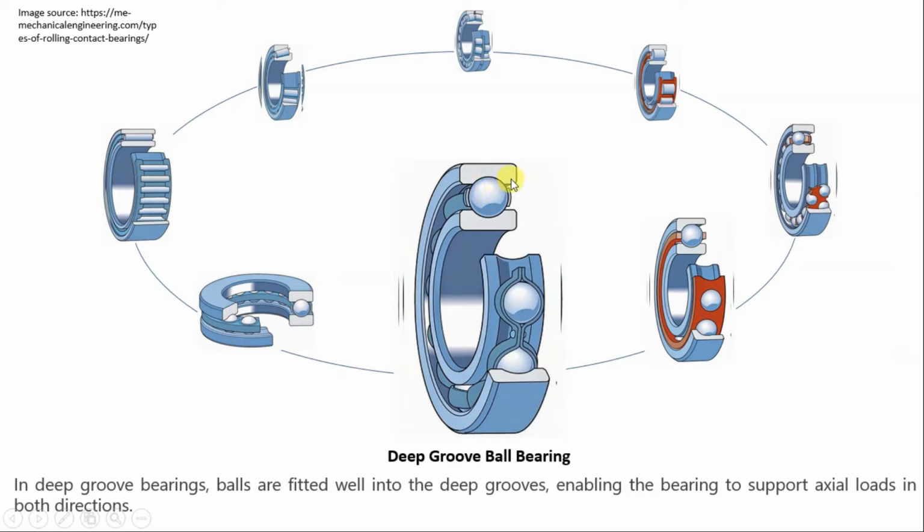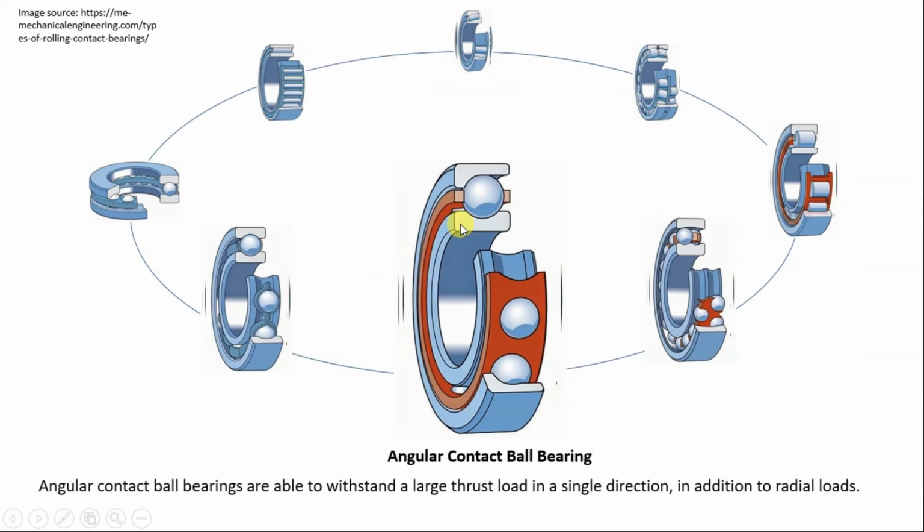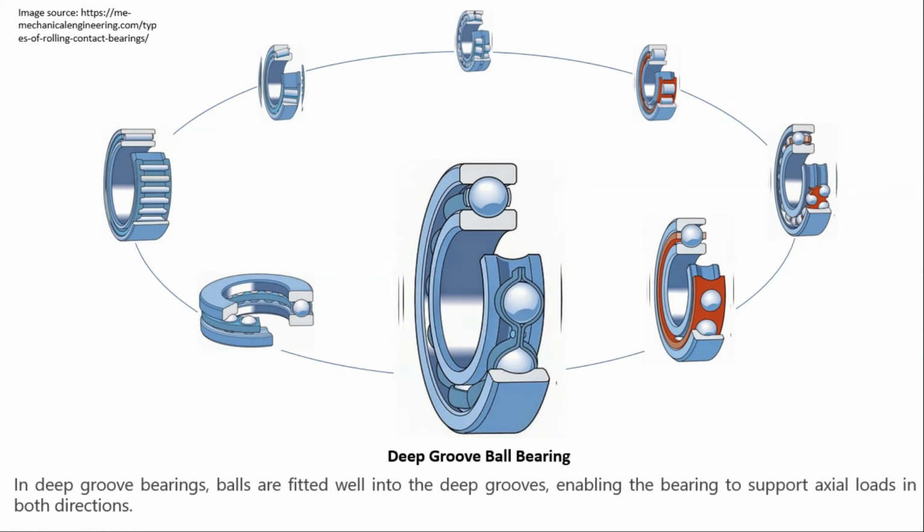At that time, we have to change the shape of the outer and inner races. Closely look at the shape of inner and outer races. As you can see, the inner race is given a different shape and the outer race is also given a different shape as compared to the simple deep groove ball bearing.